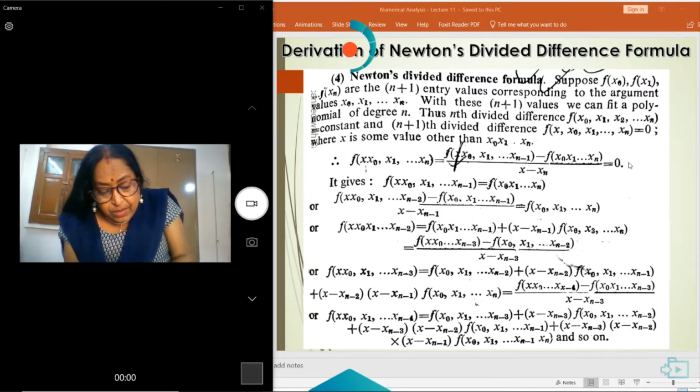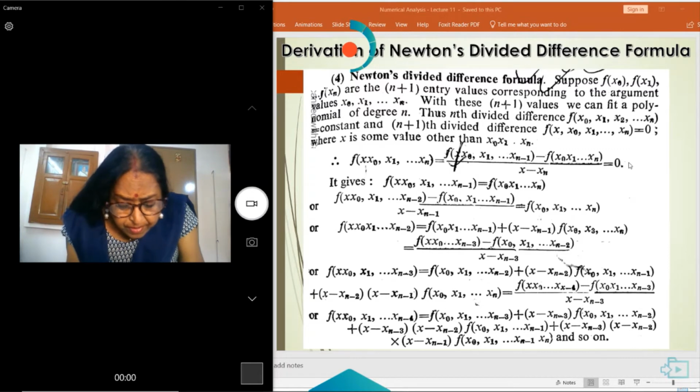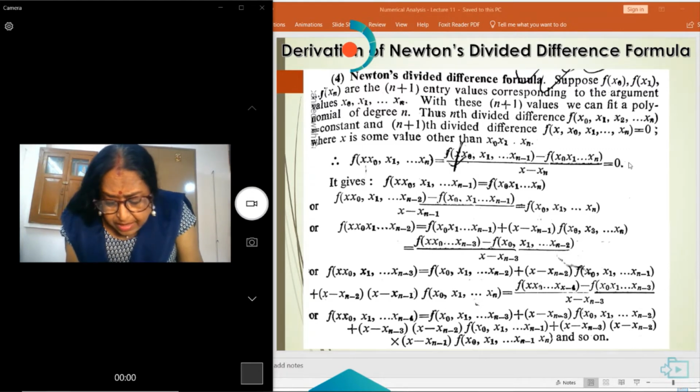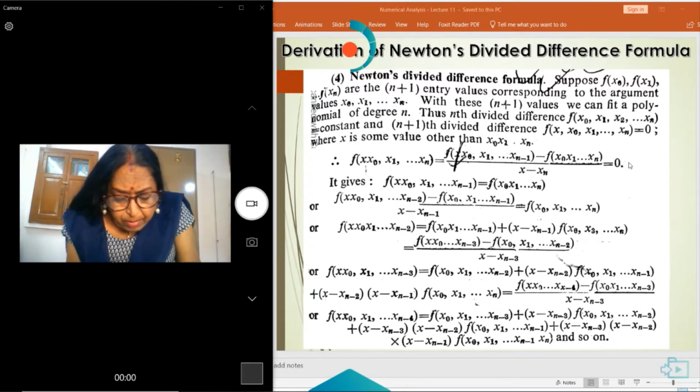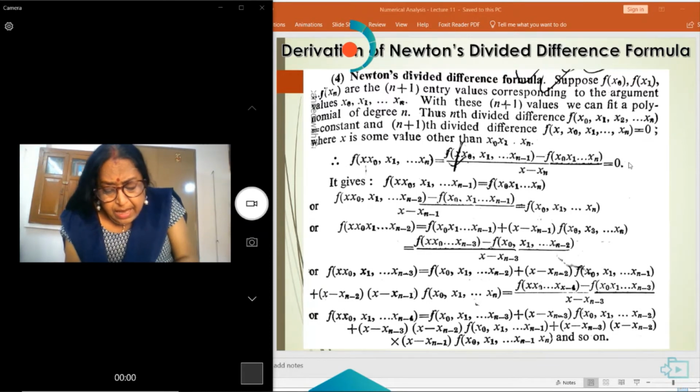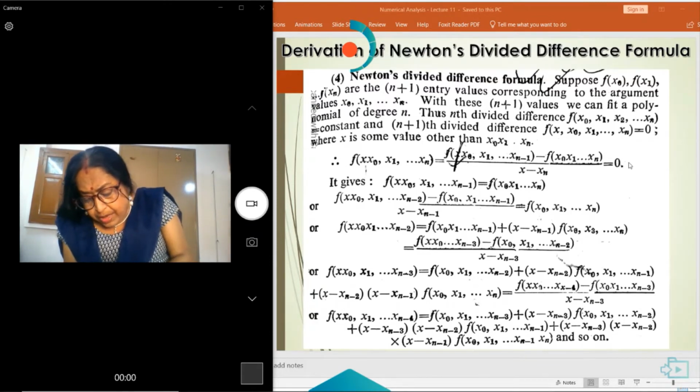So when it is equated to 0, we get f(x, x0, x1 up to xn minus 1) is equal to f(x0, x1 up to xn).